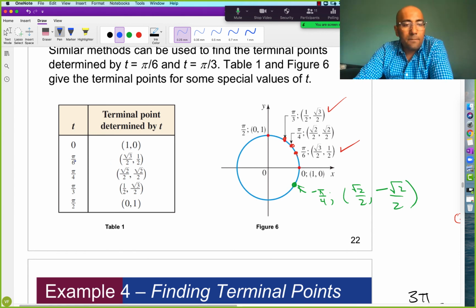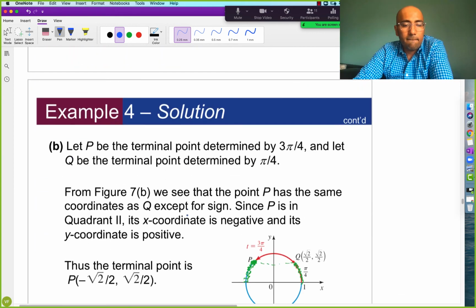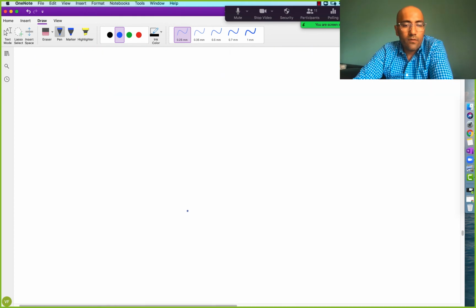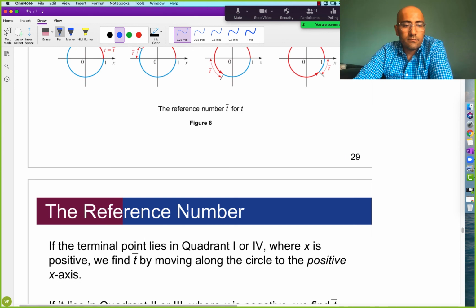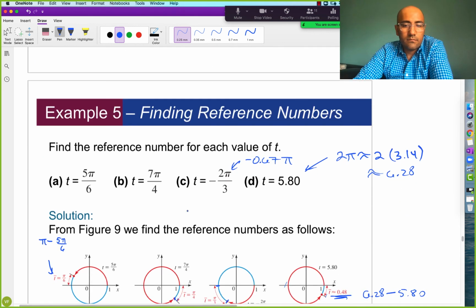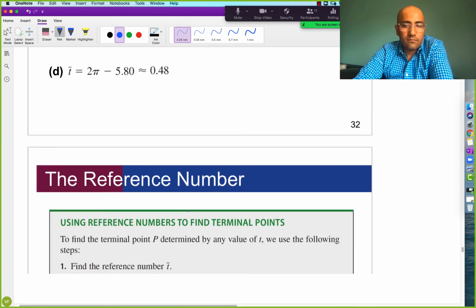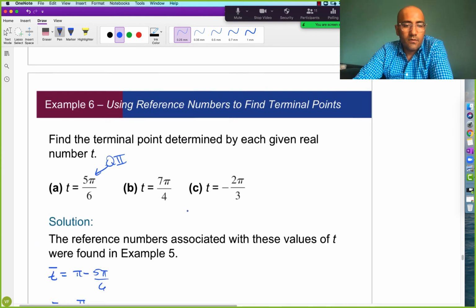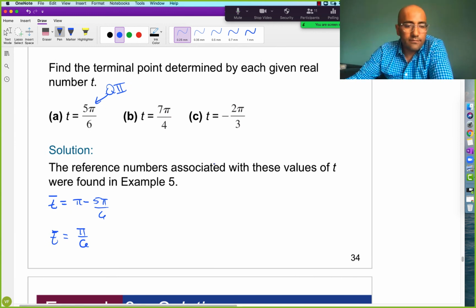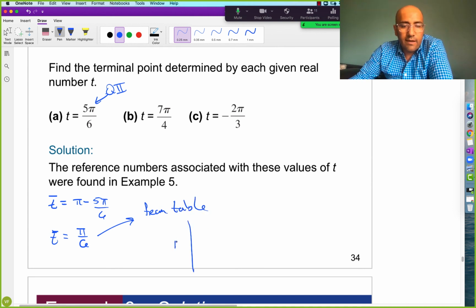Anyway, in quadrant 1, pi over 6 is root 3 over 2 comma 1/2. So from the table, we have root 3 over 2 comma 1/2.